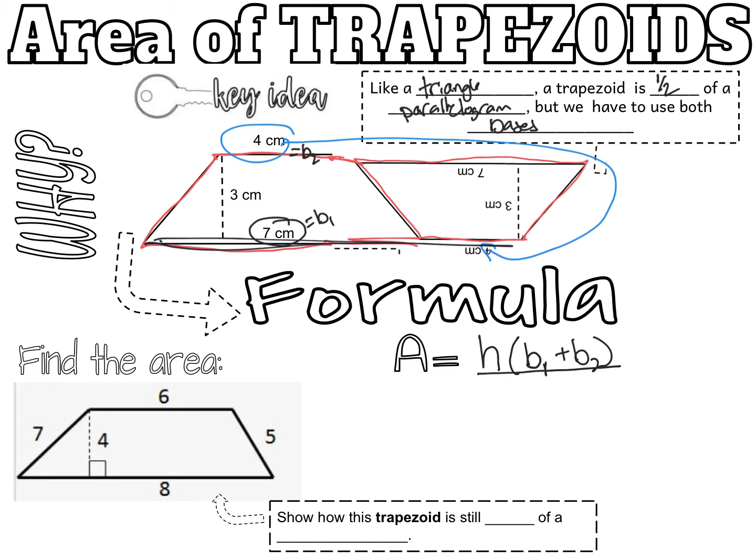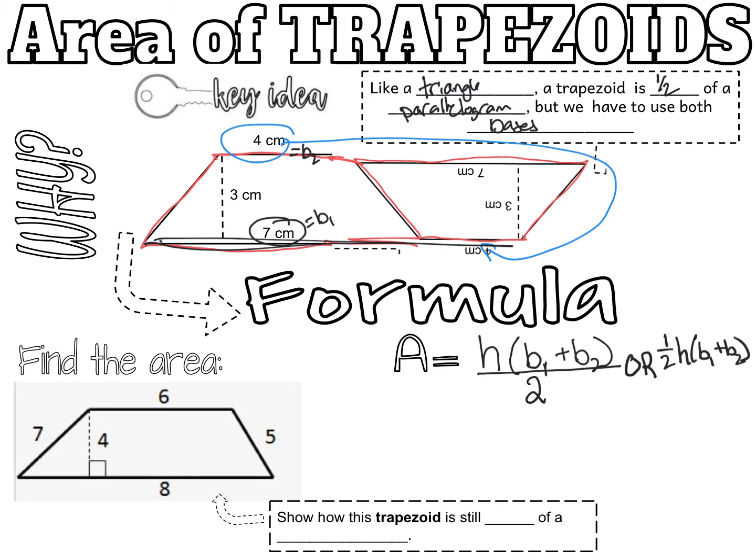Meaning I'm going to take this area like we did with the triangle, and divide it by 2. Or, another way we could look at it is it becomes 1/2 the height times base 1 plus base 2.